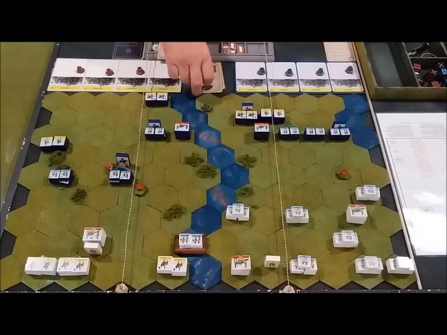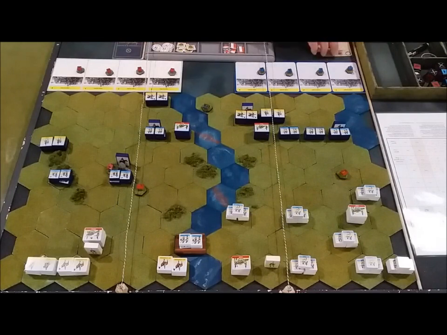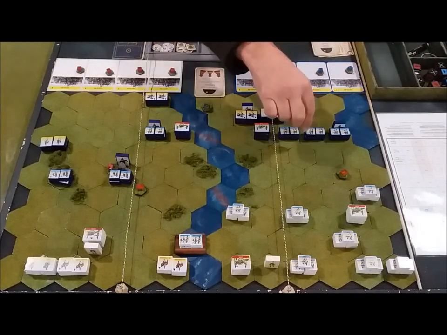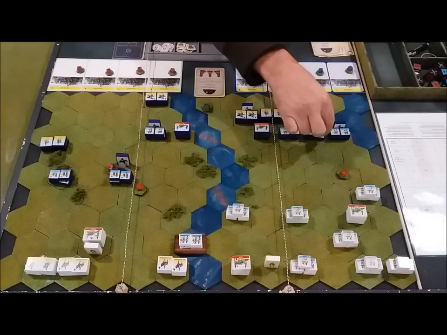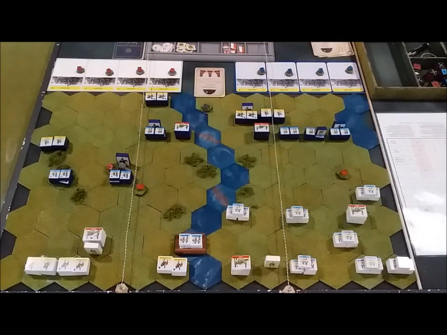And that's, I think, what we might go for, because I want some of the centre stuff to move and I want some of the flank stuff to move. So let's do a coordinated advance. So the first thing we're going to move up is going to be this line infantry on the French left flank.